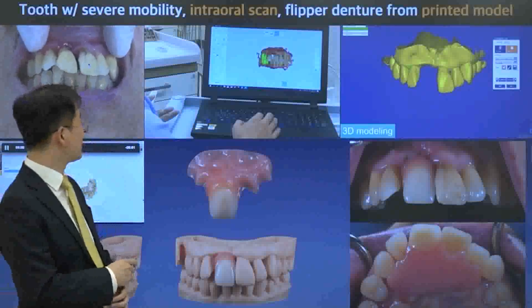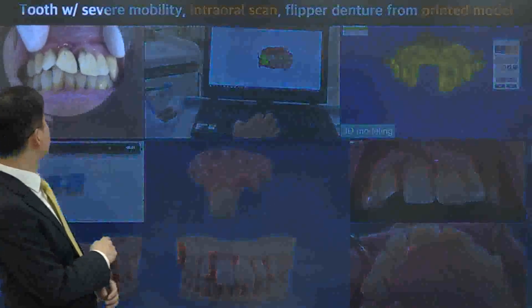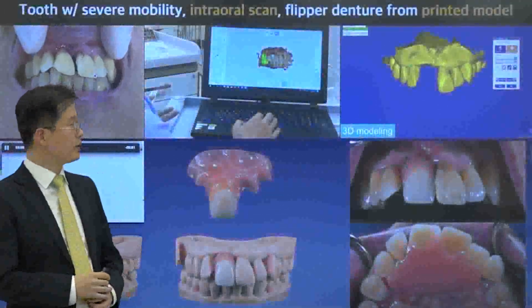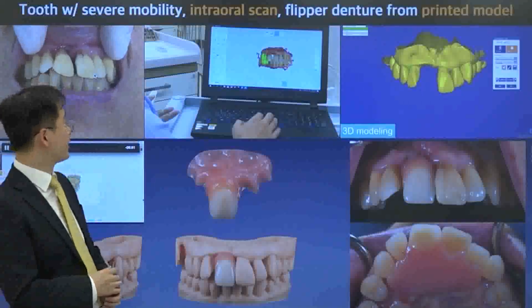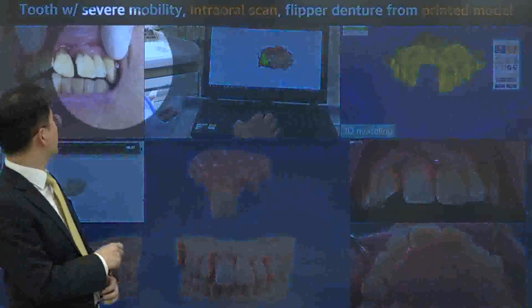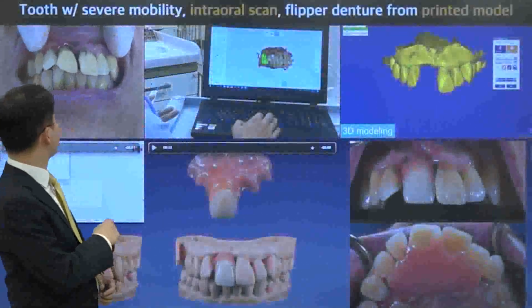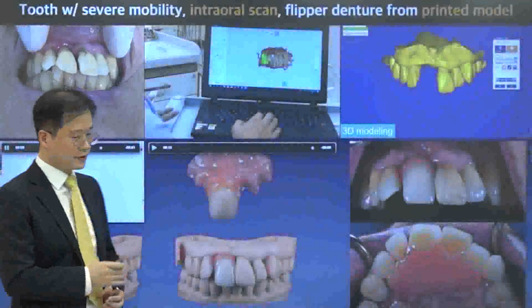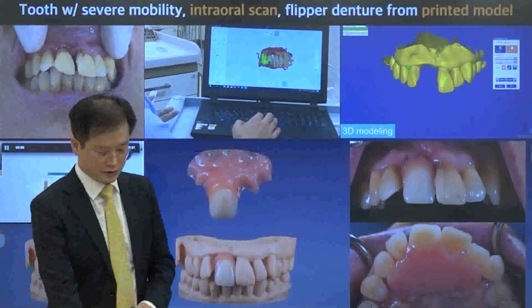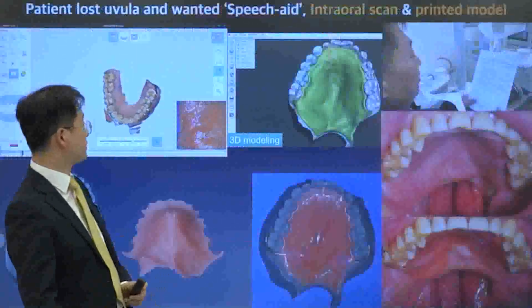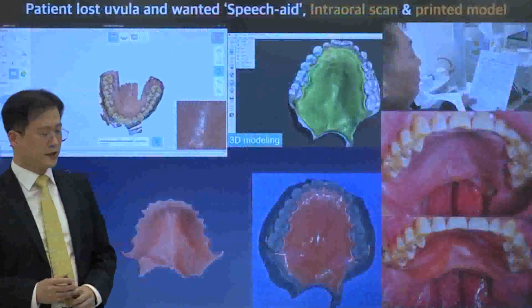And when we are acquiring a lateral bite registration, I recommend that we capture the bite scan other than this area, because this is a mobile area, so it can interfere with the exact procedure.